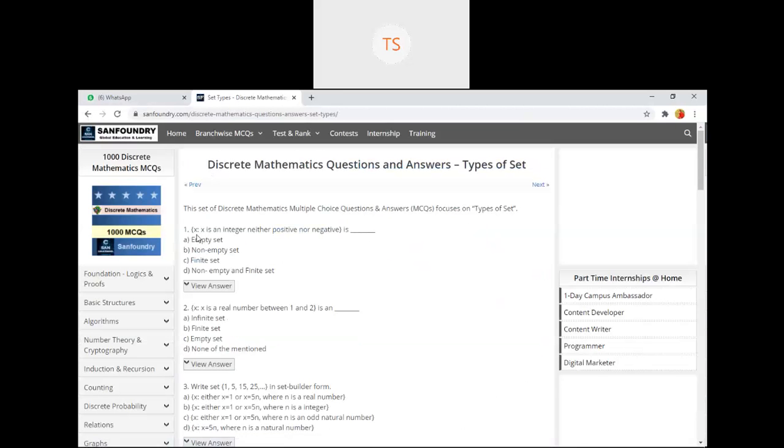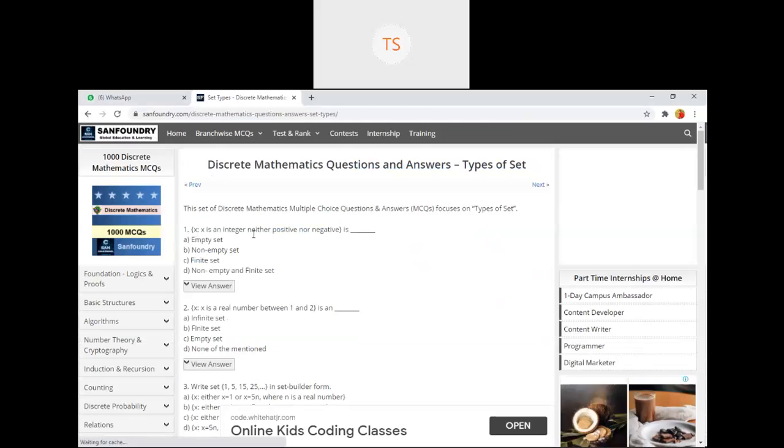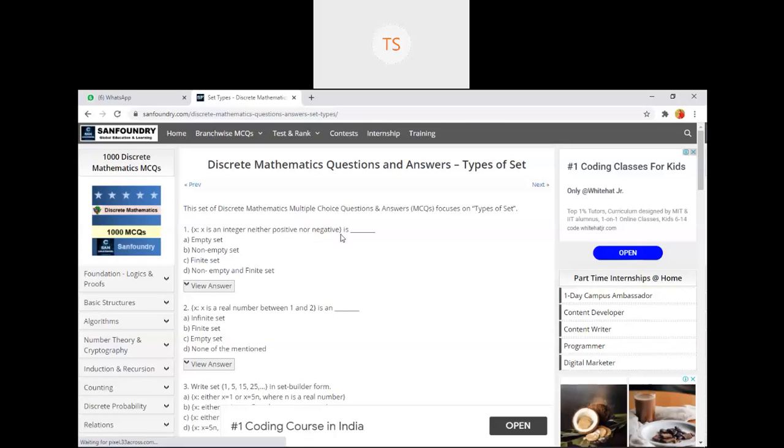Question number 1: x is an integer neither positive nor negative. So if x is an integer which is neither positive nor negative, what is that integer? 0, ma'am. 0.